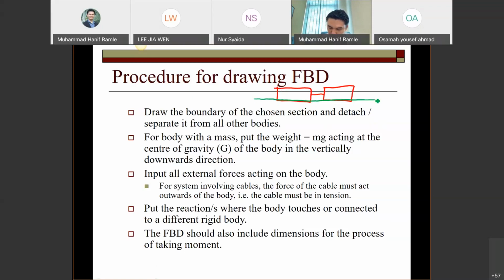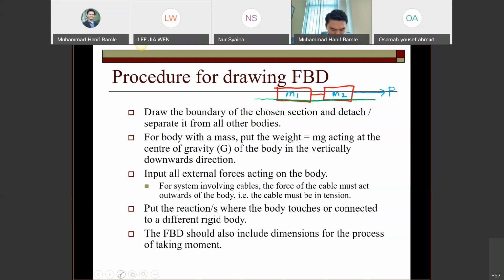The right box is attached with another cable, which is exerted with one force, like that. I put mass 1, mass 2. Let's say we want to analyze the second box. We want to draw the FBD for the second box, which is M2.